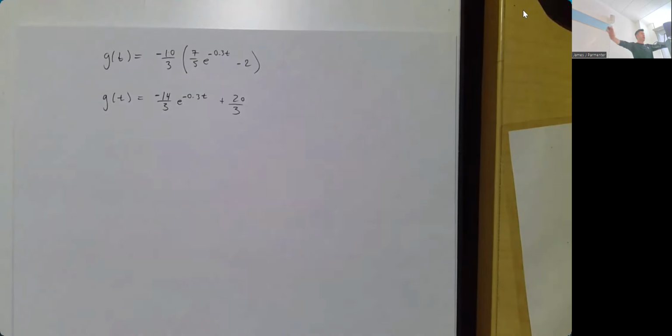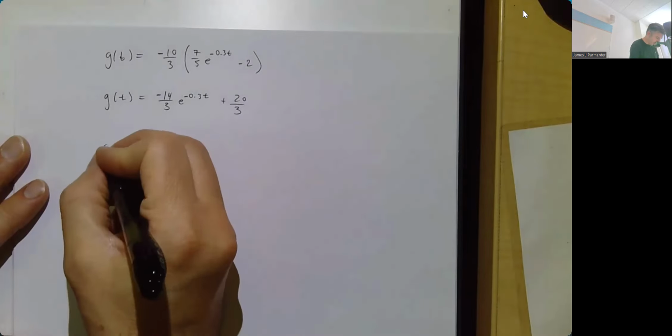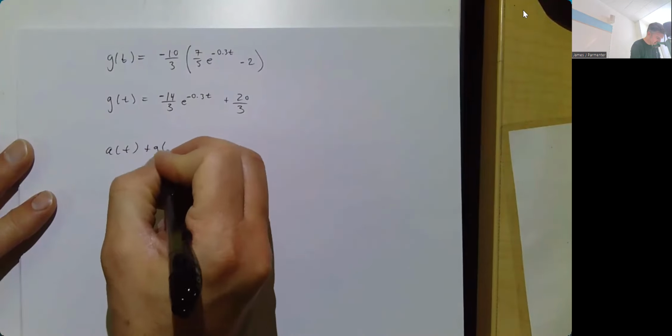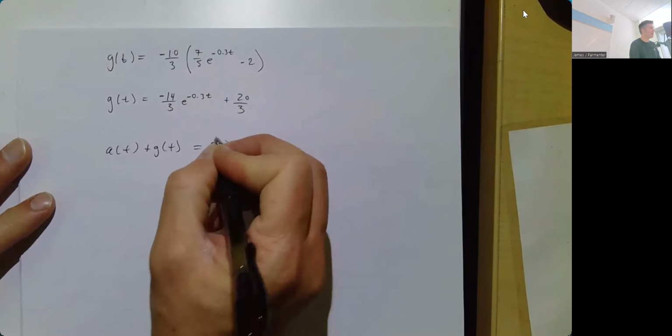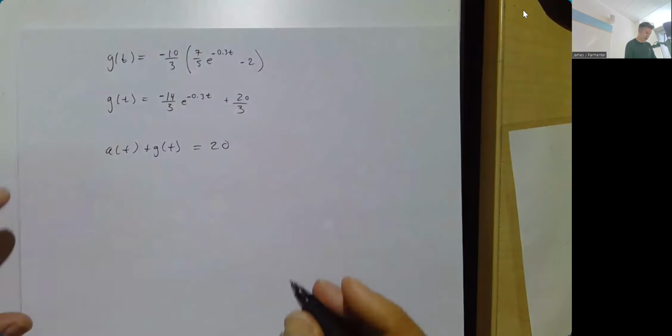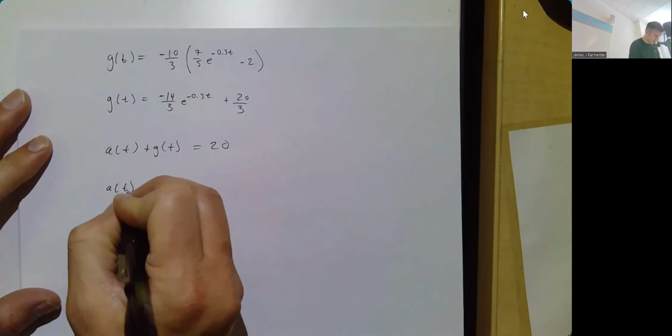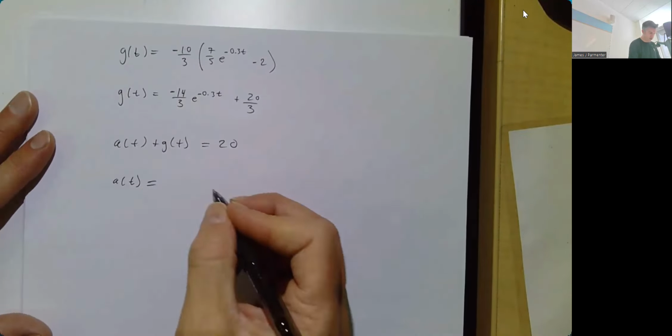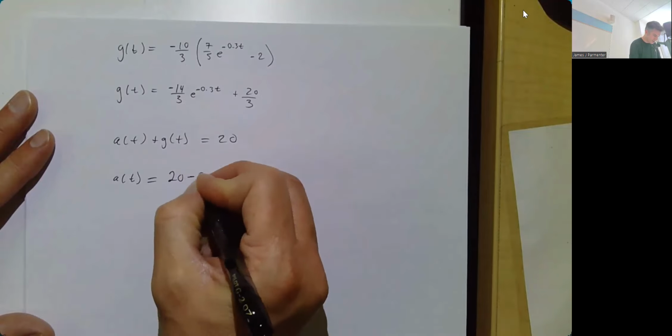So here's the wonderful thing about this. You don't have to do any work to find A of t, because we know that A of t plus G of t is equal to 20. So A of t, the acreage of adult trees, is just 20 minus G of t.